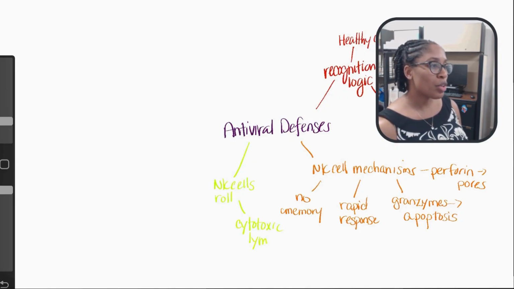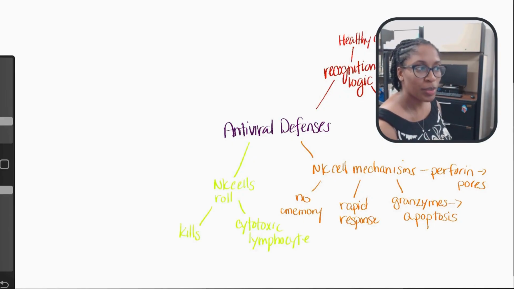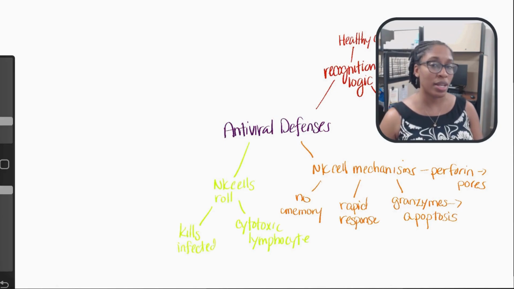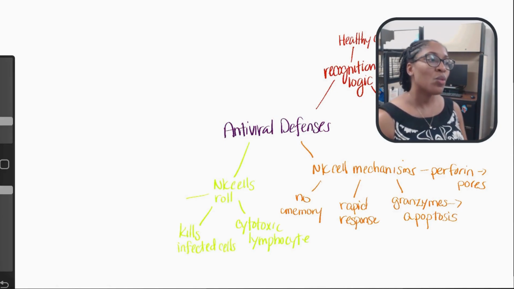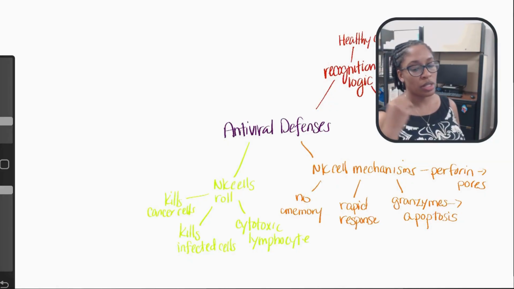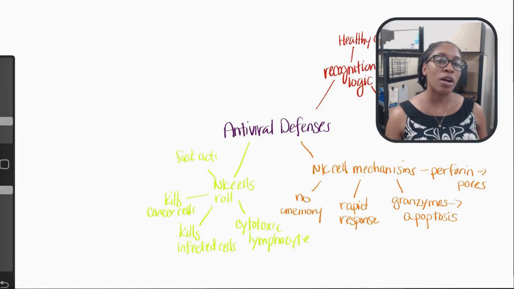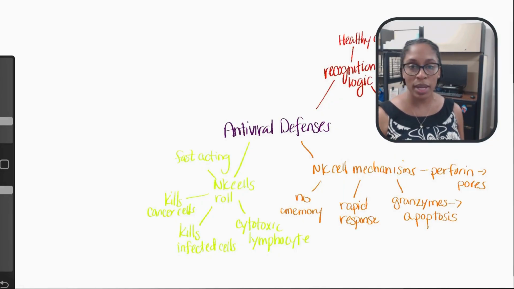Interferons are another critical antiviral defense and serve as a communication system between infected and uninfected cells. When a cell detects viral components such as double stranded RNA, it produces interferon alpha and interferon beta.